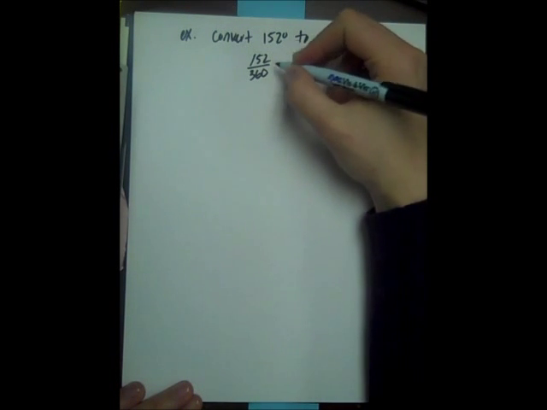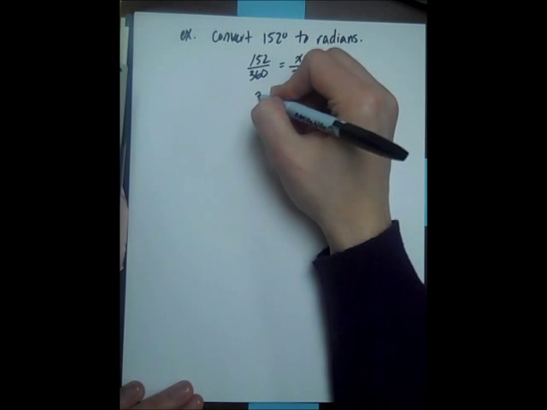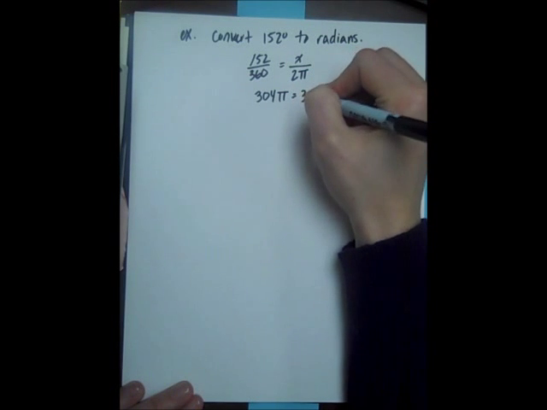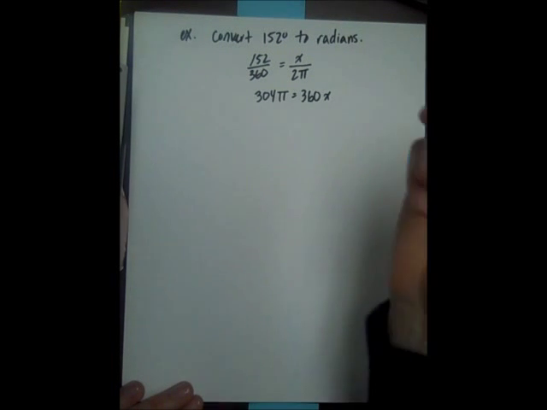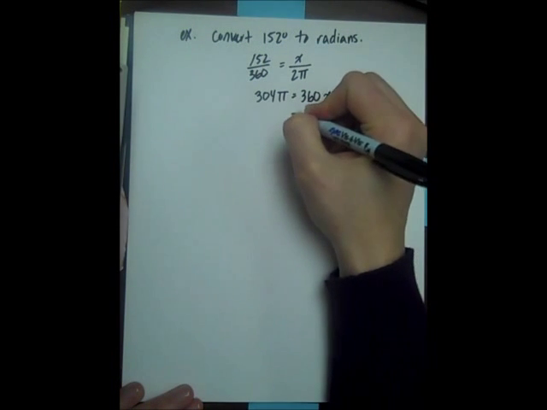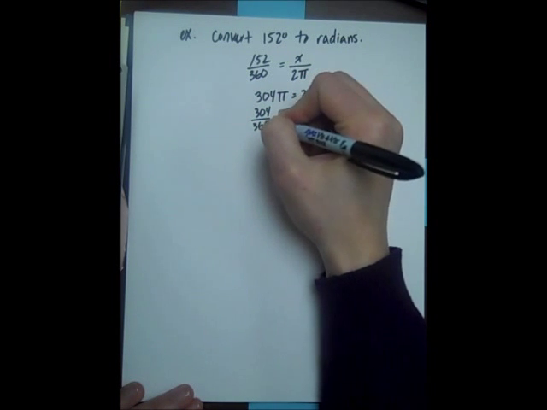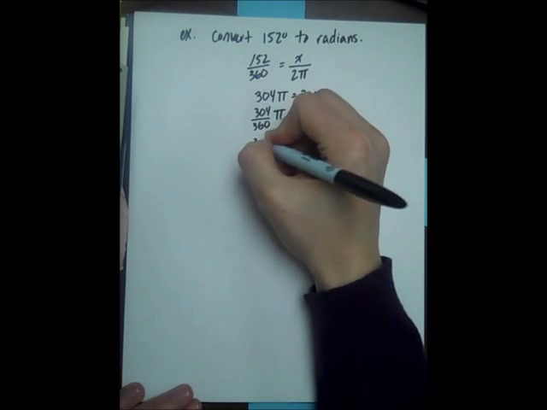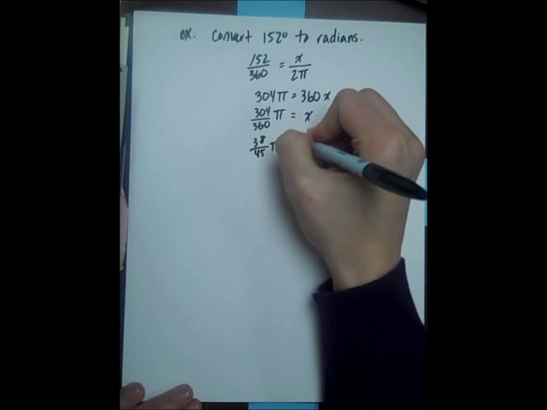Okay, cross multiply, so 152 times 2 pi, that would be 304 pi. It's going to be equal to 360x. Now divide both sides by 360, so I'll get x is 304 over 360 pi. And I can reduce this to be 38 over 45 pi is x.